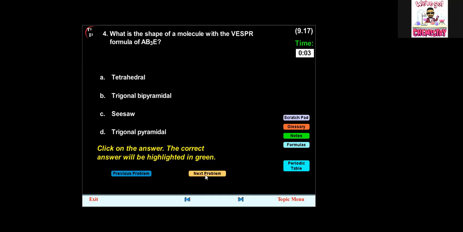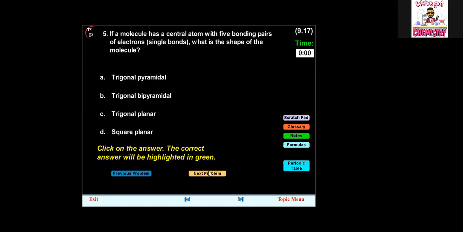What is the shape of a molecule with the VSEPR formula of AB3E? If a molecule has a central atom with 5 bonding pairs of electrons, single bonds, what is the shape of the molecule?